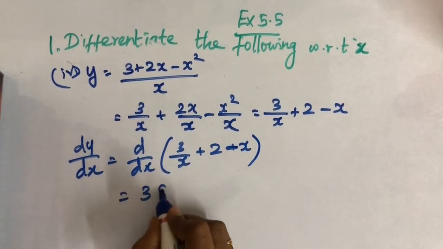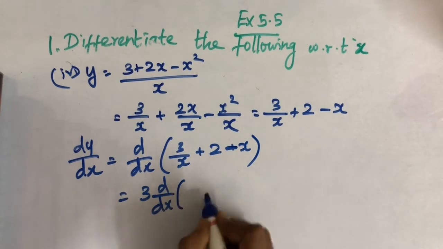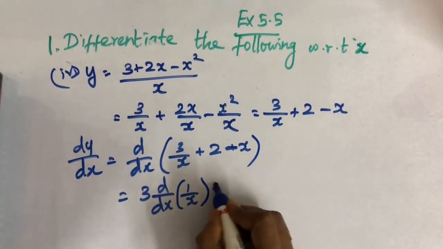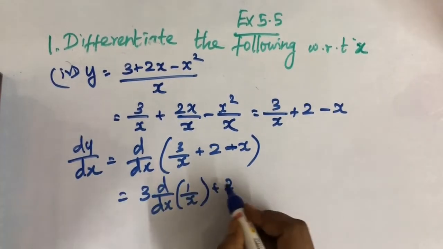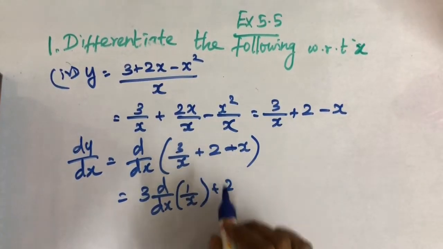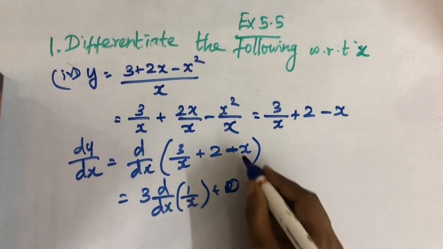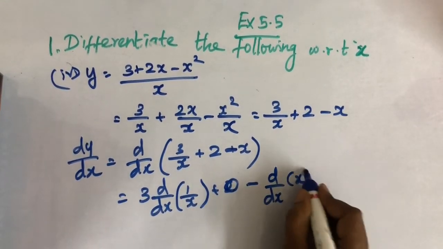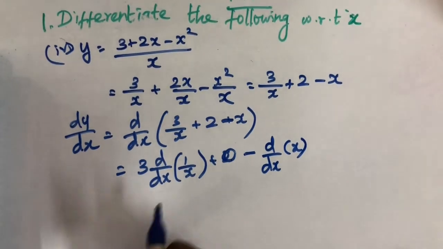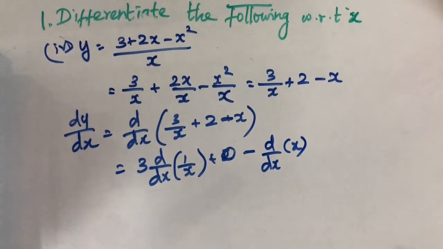So it is 3 into d by dx of 1 by x plus 2 into here, while differentiating a constant, it will become 0, minus d by dx of x. What is d by dx of 1 by x?